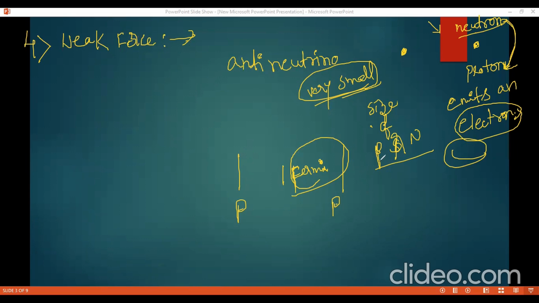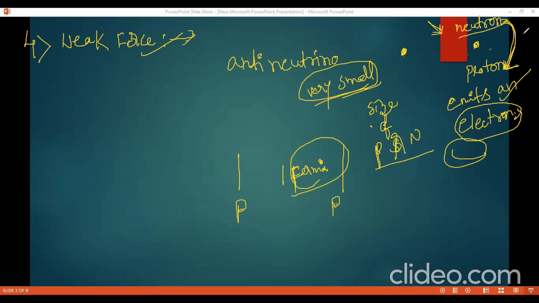Two protons separated at a distance of 1 Fermi, we can observe this kind of weak force. Or you can observe it when two elementary particles are under the action of a neutron. What happens? It converts into a proton and emits an electron.